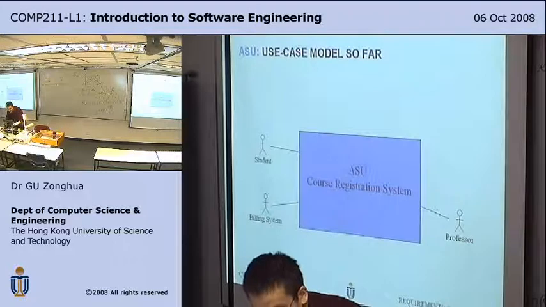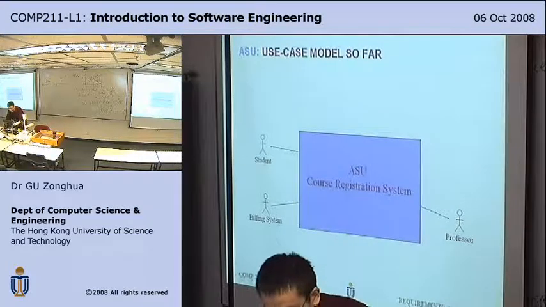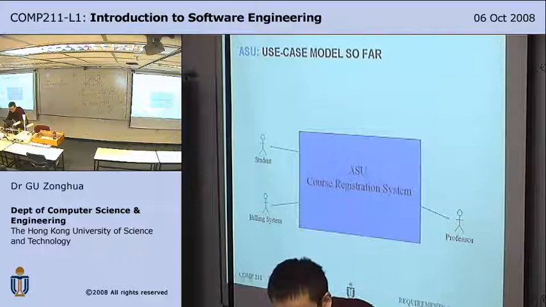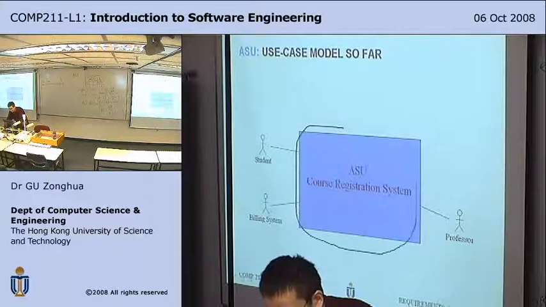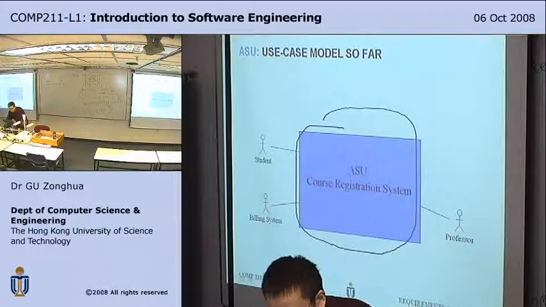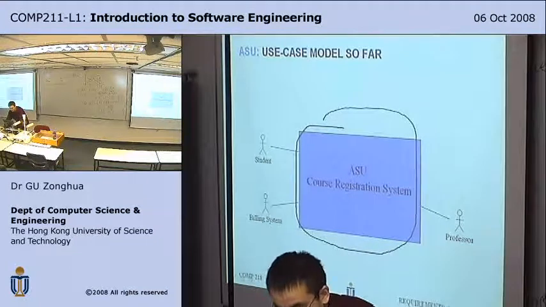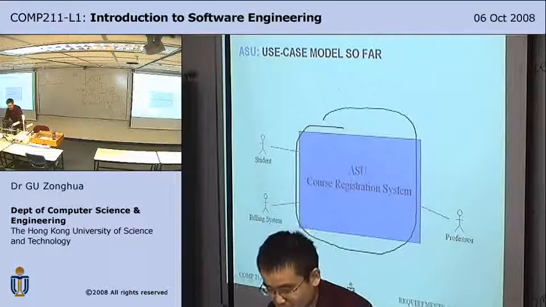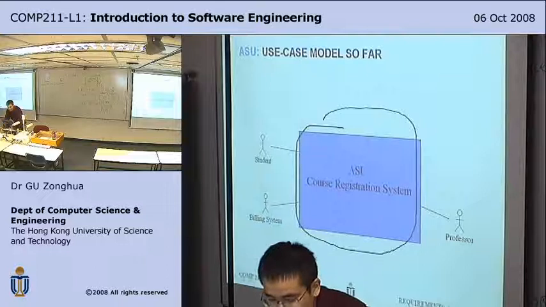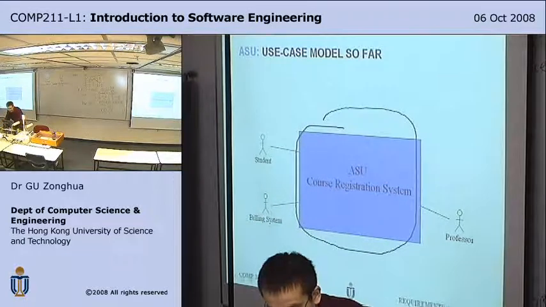The use case model is essentially a box representing the system we're trying to develop, the course registration system, and three actors with lines connecting them to the system. So this is the use case model so far. We haven't identified the specific use cases yet, so we'll do that next.